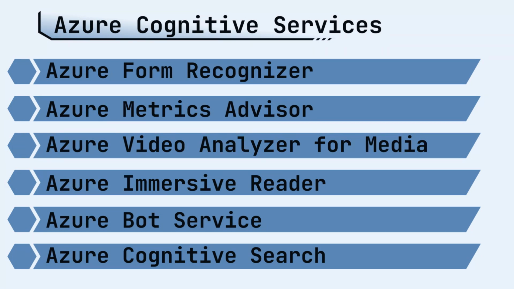Azure Metrics Advisor, a service built on the Anomaly Detector cognitive service that simplifies real-time monitoring and response to critical metrics. Azure Video Analyzer for media, a comprehensive video analyst solution built on the Video Indexer cognitive service.